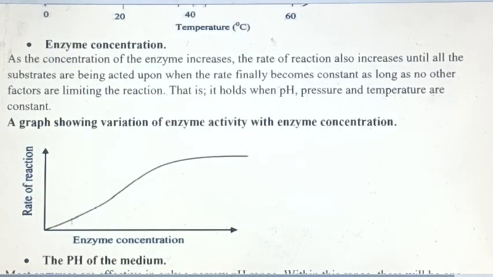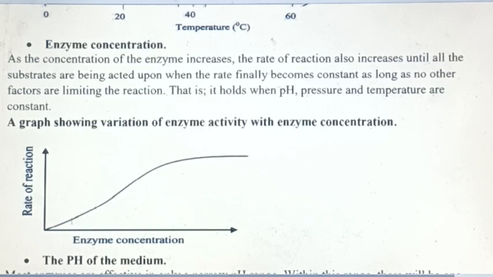As we said, when we are looking at the substrate concentration, when the concentration of enzyme increases, the rate of reaction also increases until all the substrates are being acted upon, when the rate finally becomes constant as long as no other factors are limiting the reaction. So it holds when pH, pressure, and temperature are constant. That means a reaction must have the favorable pH at which it is reacting.